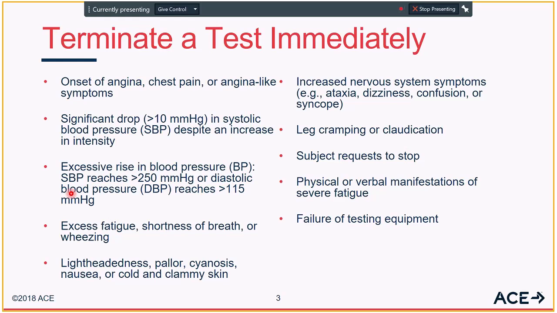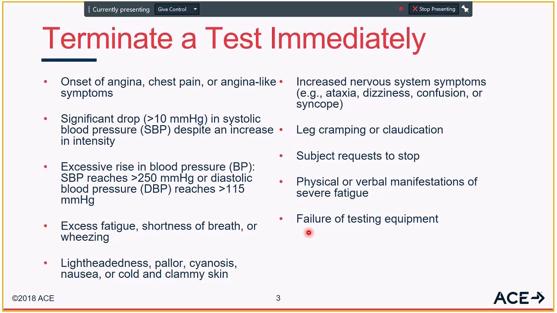The things that are obvious reasons to stop testing are if they have some sort of chest pain, if they have extreme fatigue and no longer can continue the test, if they're lightheaded or have pallor, which means they're pale in the face. If they don't look too good, you should be stopping the test. Also any type of poor circulation or leg cramping.